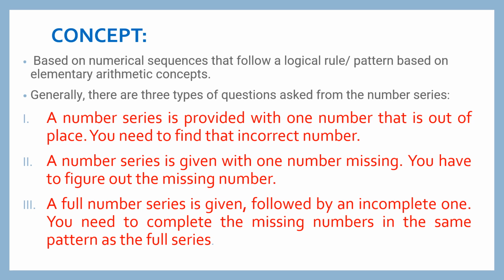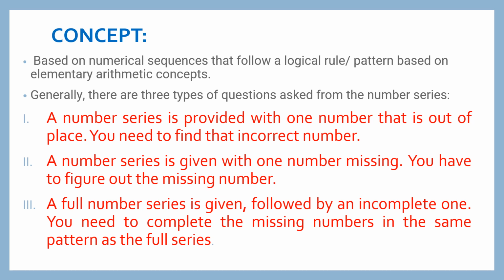The third one is a full series given, followed by an incomplete one. You need to complete the missing numbers in the same pattern as the full series. This is very rarely asked; it appears in very difficult examinations. They will give a series of numbers followed by an incomplete one with four or five dashes left blank.